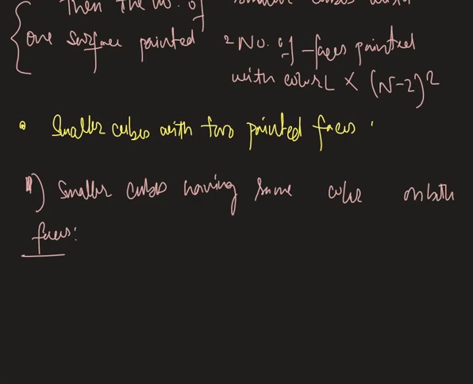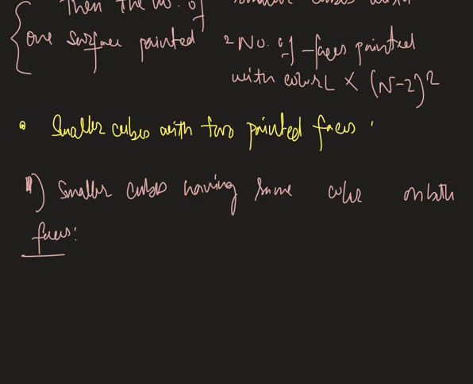Okay, such cubes are obtained when two faces of the larger cube having the same color have an edge in common. Hence, when the number of cubes with two faces painted with a particular color is asked, then the first and foremost task is to find the number of edges to which two faces painted with that particular color of the larger cube are attached.